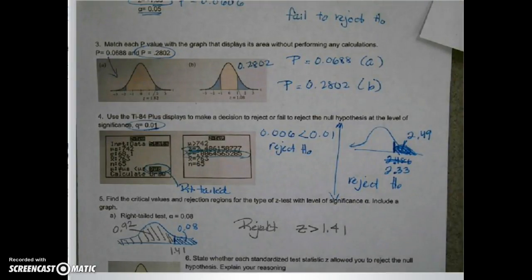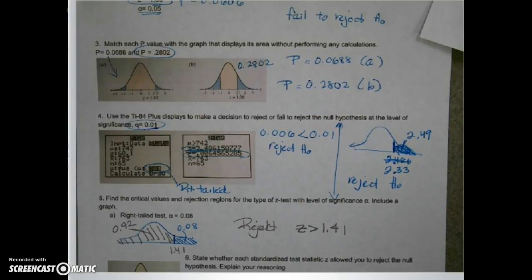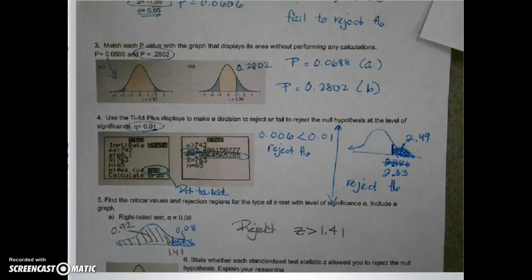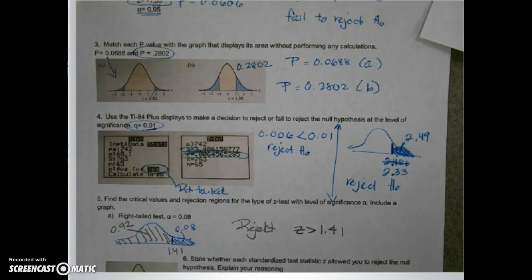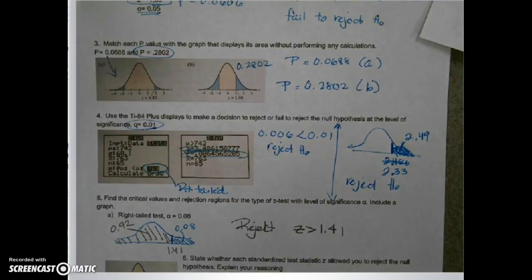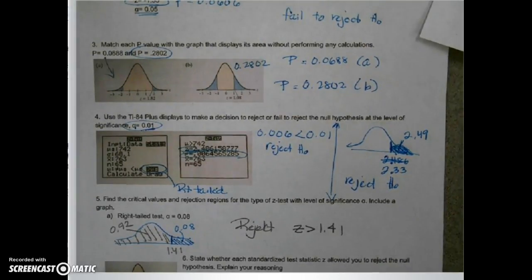Alright, so now, based upon that, you're basically going to find out what you're going to do here. Are you going to reject or not? You're given a graph, and the first one is z is 1.98. So I'm looking for that 1.98. Well, this is 1.96. So for part A, you barely fit in there. This is where A lies, which is in the shaded area.